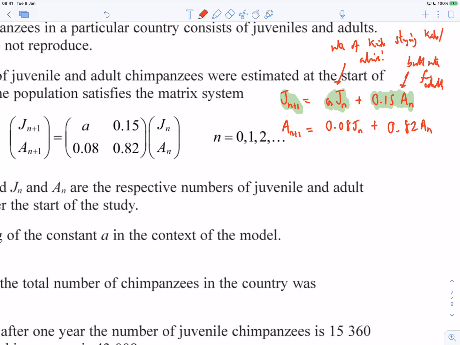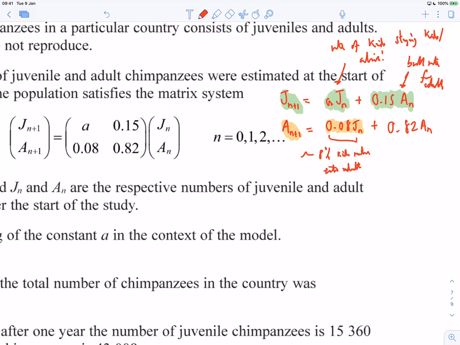You know, they might die, a childhood thing. It's the kids who make it to the next year and stay kids. And if I look at the next equation, the adults next year, 0.08: roughly this is saying approximately 8% of the kids or juveniles mature into adults.